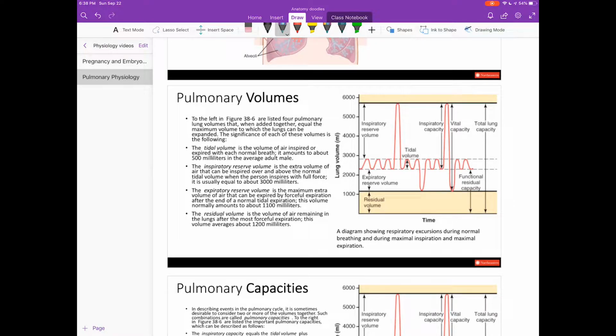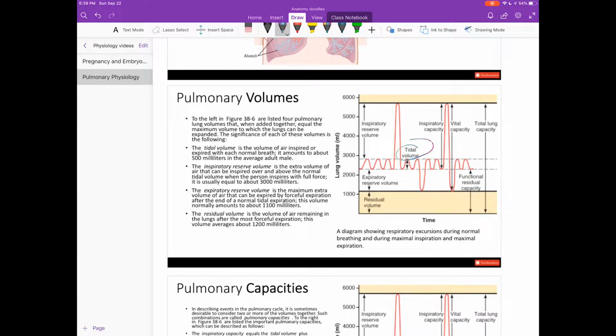Inspiration is represented by an increase in lung volume of air, and expiration is represented by a decrease in lung volume of air. I want to draw your attention to the tidal volume, which is the amount of volume in which you are inspiring and expiring during a normal breath.